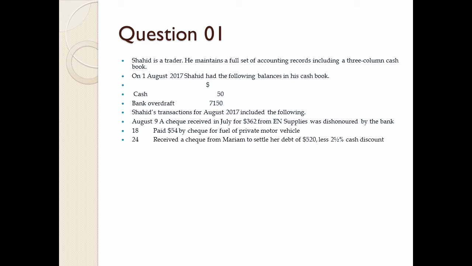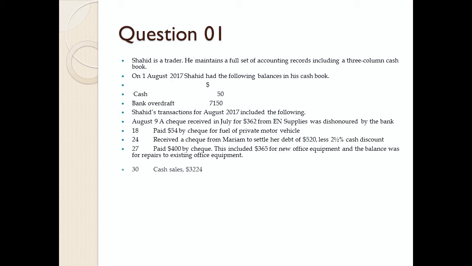So your bank account should be debited after deducting the discount allowed, and the remaining amount will go to your discount allowed column. And 400 you have paid, including 365 for office equipment, and the balance of 35 on repair expenses. Both amounts, 365 plus 35, will be on the credit side of your bank account, because you have paid through your bank.